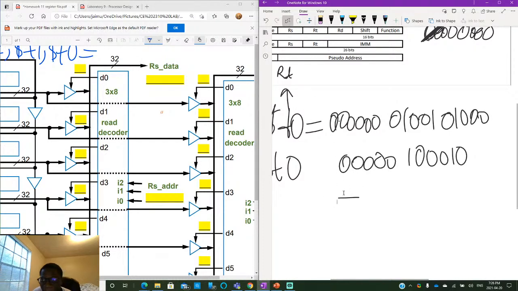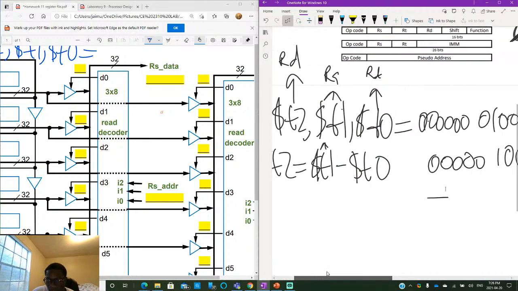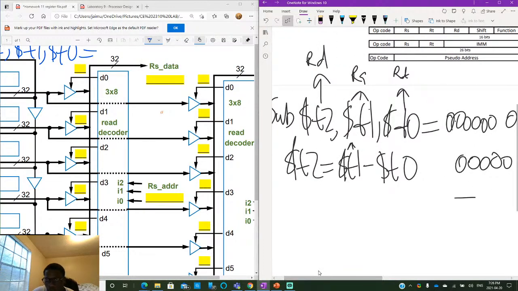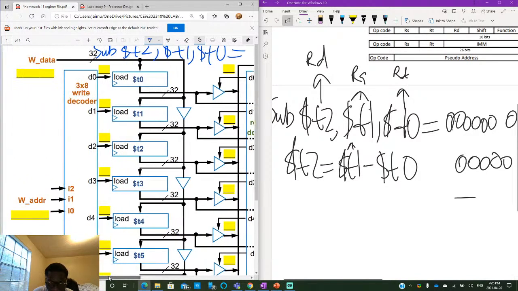Okay, that is not working as I expected. Oh, okay, I can just scroll on this. So remember, RS, RT. So this one would just be 001. And then for R2, that is the write address. That would be 010. Okay.